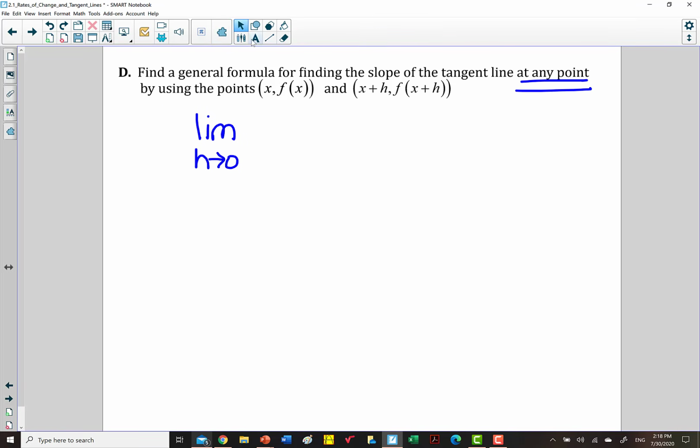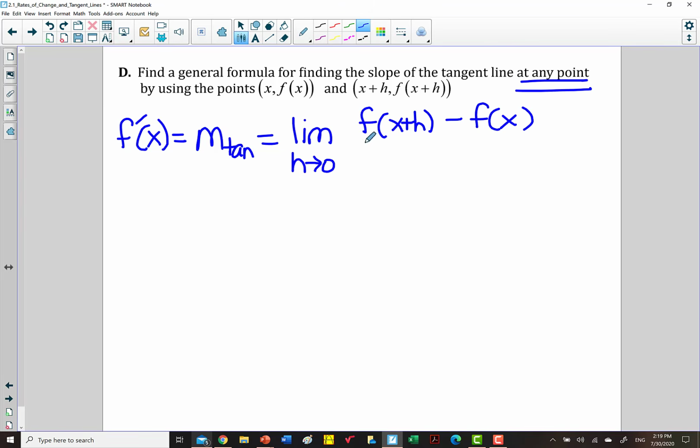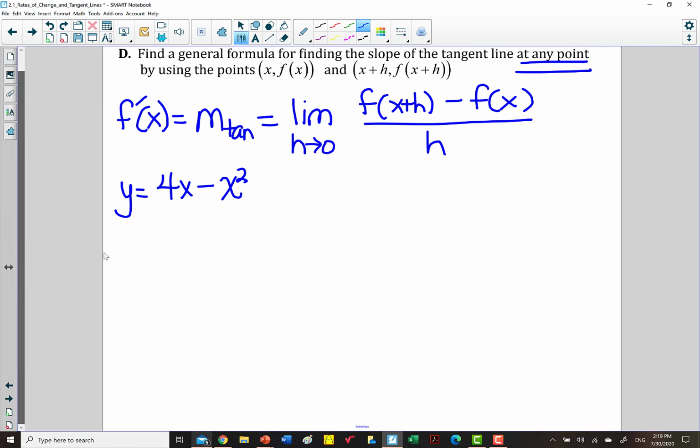So when I take the limit of the difference quotient, that gives me the slope of the tangent line by finding the limit of f of x plus h minus f of x over h. And we're going to use our function that was 4x minus x squared. That was our function. So let's do this process to finish up our lesson.